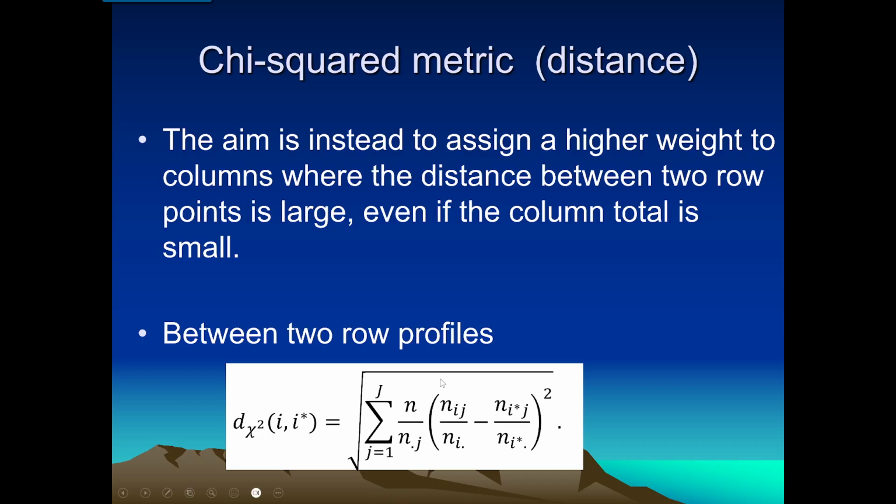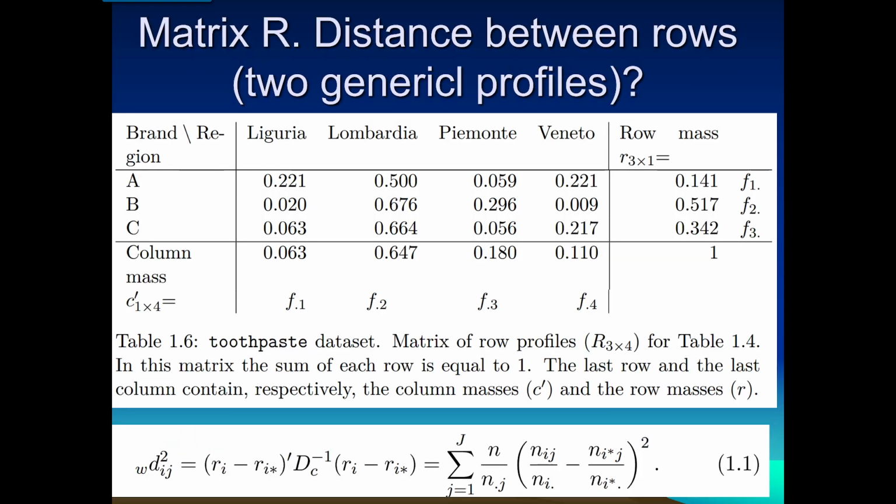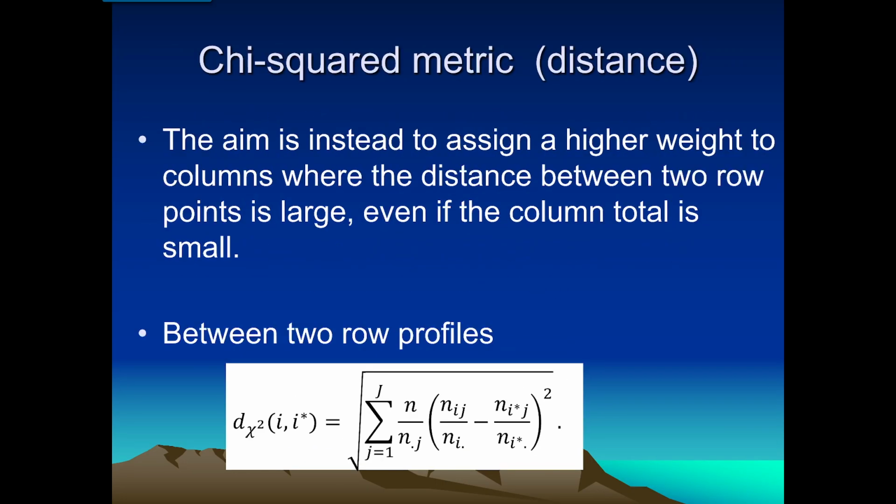Therefore, what you use is called the chi-square metric. It is a distance between two generic row profiles, but weighted with the inverse of the frequency of the j-th column. Because here you want to emphasize the distance between row points when it is large, even if the column total is small.